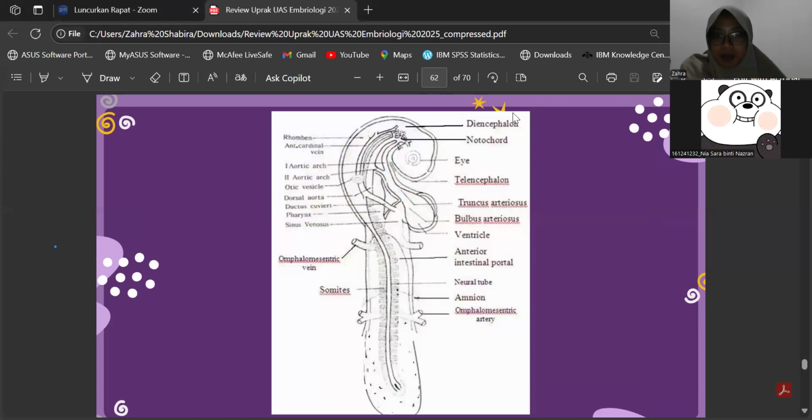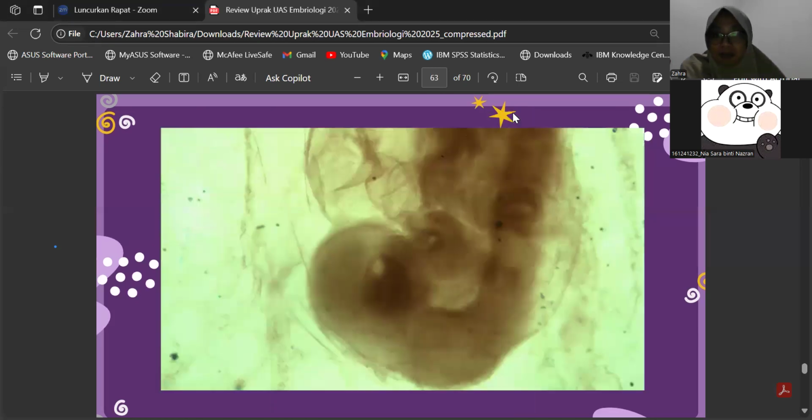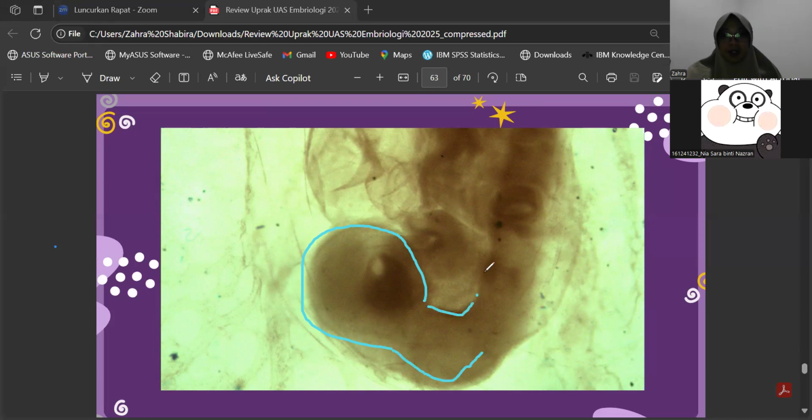Okay, this is the picture of 48 hours. At 48 hours, the brain area is still only 3, like 33 hours. Only prosencephalon, rhombencephalon, and also mesencephalon.